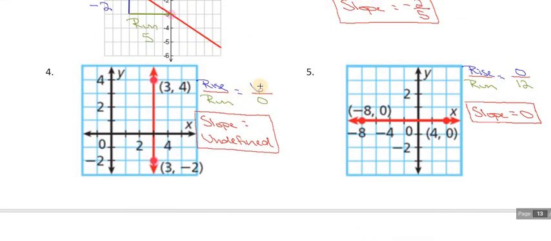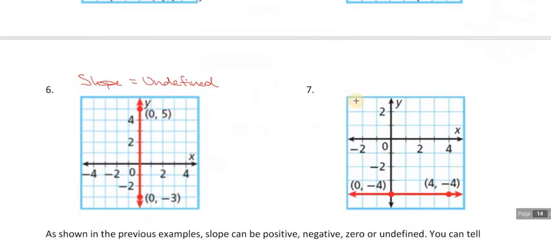So we're rising a number, running 0. Anything divided by 0 is undefined, can't walk up a wall. And in number 7, we have a horizontal line. It's a piece of cake, it requires no effort, well, little. It requires next to no effort to walk across a flat horizontal floor. So this slope of all horizontal lines is 0, or number 7.